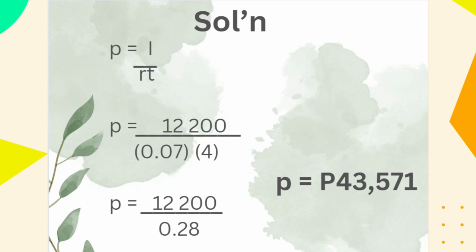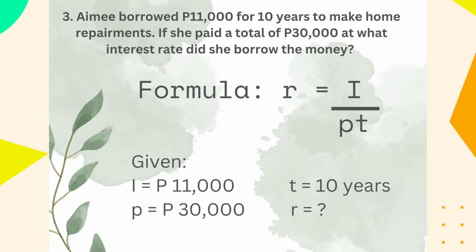We will first multiply 0.07 and the 4 years, so we will have an answer of 0.28. Then 12,200 is divided by 0.28. So we will come up with an answer of 43,571 pesos.